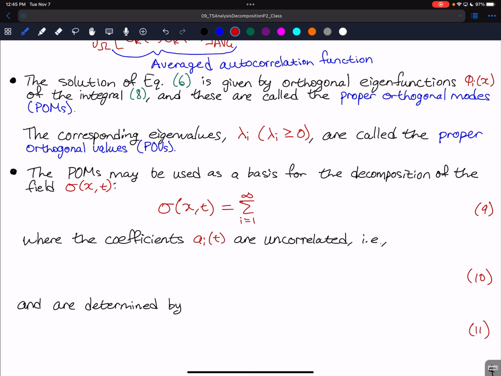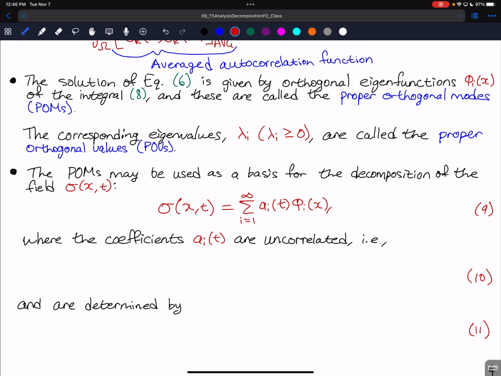This is an infinite sum of a_i of t times phi_i of x. Very much like you would see when you solve a partial differential equation or a modal expansion, except in this case, instead of using a mode shape derived from the underlying equations, we're using these proper orthogonal modes.